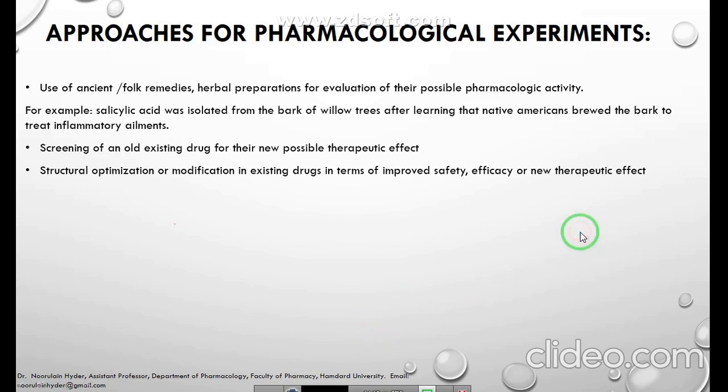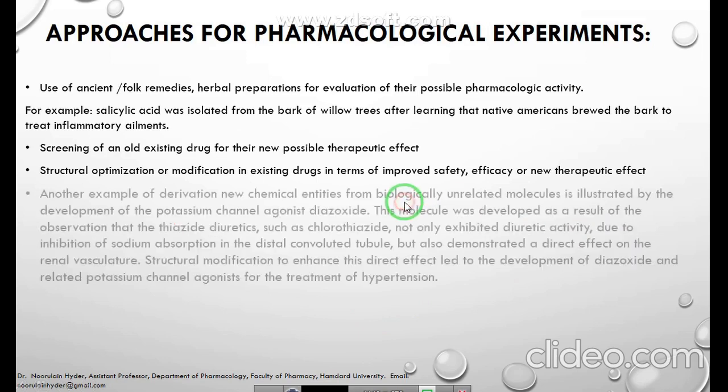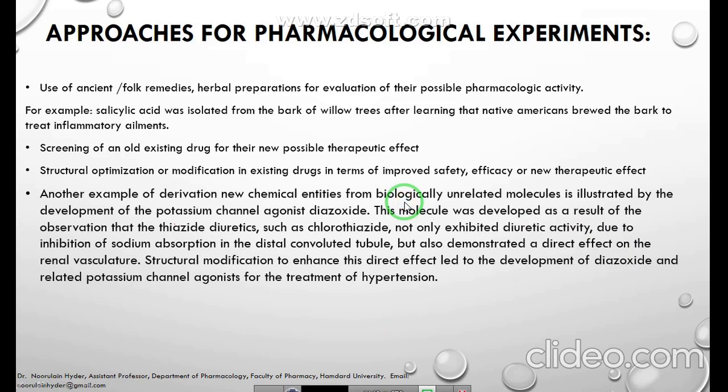Another example of structural optimization is the potassium channel agonist diazoxide, which was discovered after the thiazide diuretic such as hydrochlorothiazide. It exhibited diuretic activity.